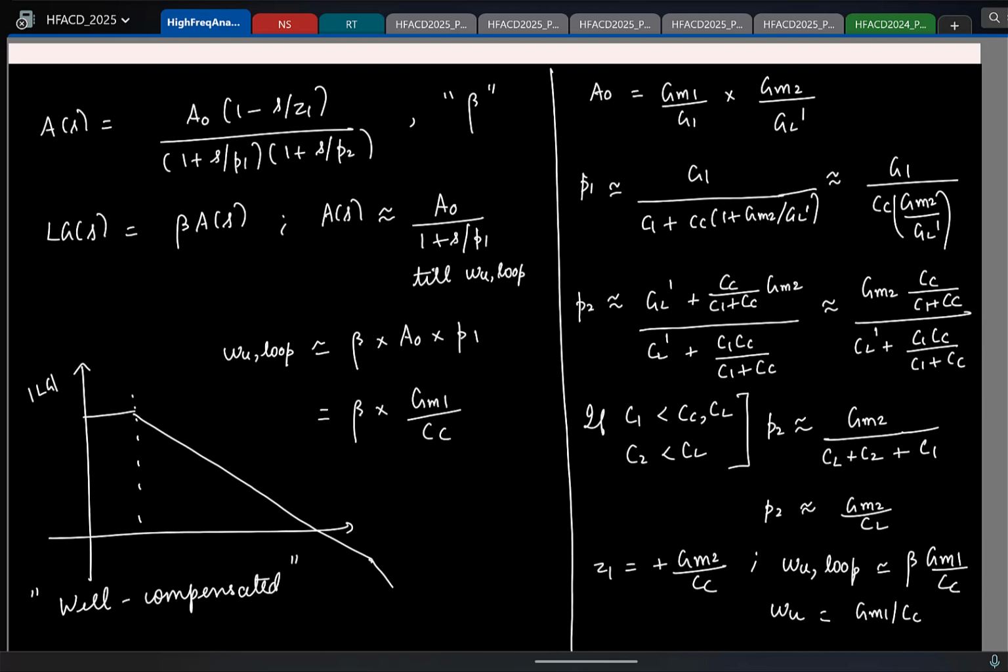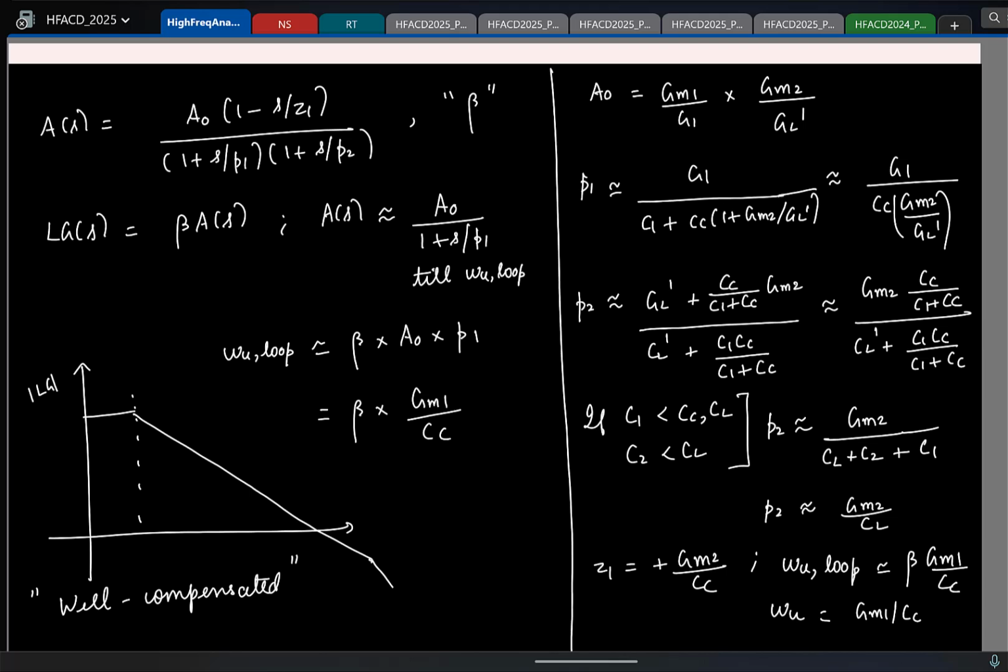No, we didn't. A0 is not made equal to 1. You substitute these values, right? You take the product of these two. This is A0, this is P1, right? I'm taking the product of this. GM2 by GL prime, GM2 by GL prime cancel. G1 cancels. I just took the product and written it.